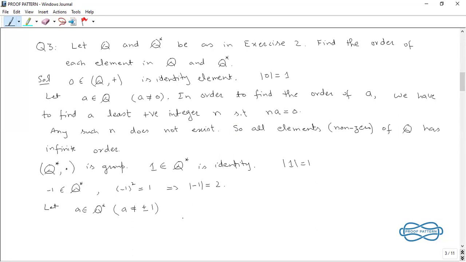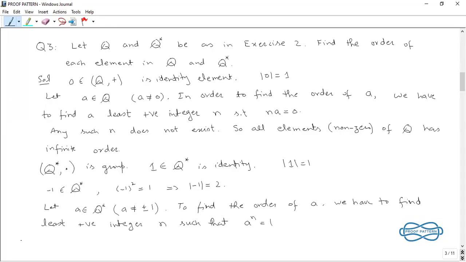Now we have to find the order of this element A. We have to find the least positive integer n such that A to the power n is equal to the identity element.